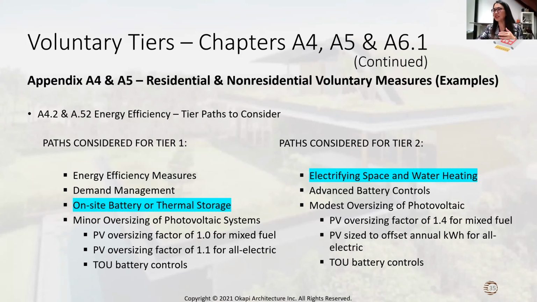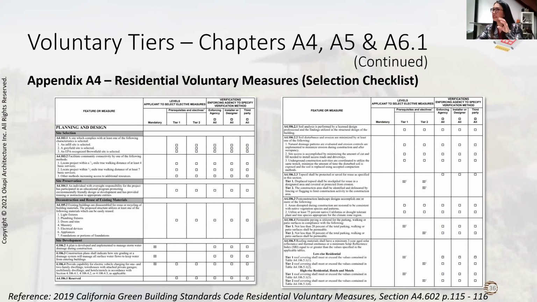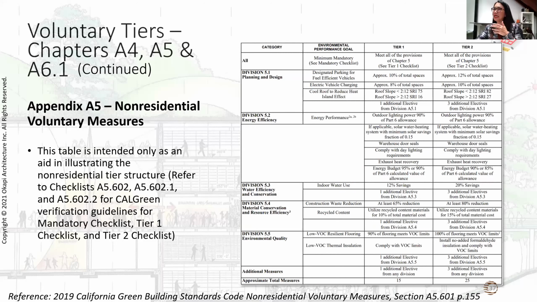Some ideas are tier 1 battery storage and thermal storage, and tier 2 whole electrification with water heating. Use CALGreen as a worksheet and a tool to identify what you can do. I think that's great when a project just starts. And this one is the non-residential voluntary matrix, just the idea over there.